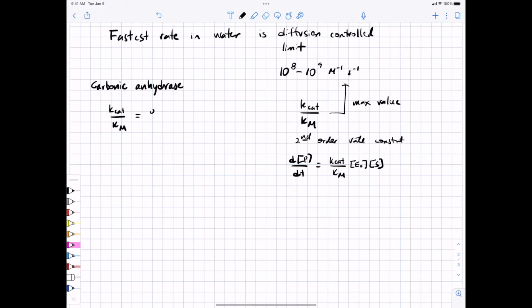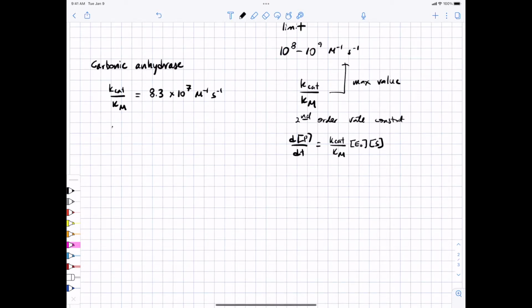The kcat over Km is 8.3 times 10 to the 7th per molar per second. So we're pushing up against that diffusion controlled limit. But if you look at what the kcat and Km values are, kcat is around 10 to the 5 per second. That's the turnover number. Whereas Km is around 12 millimolar.